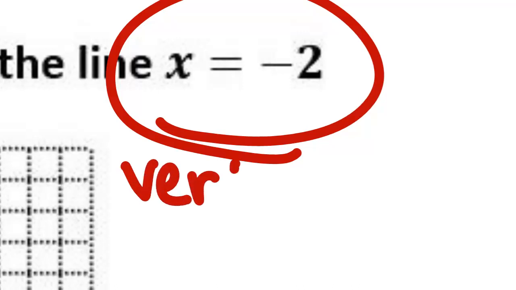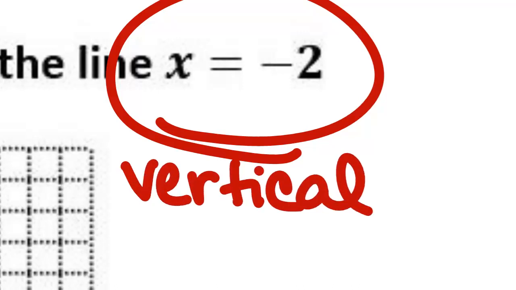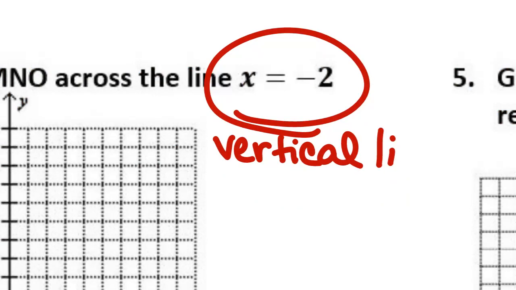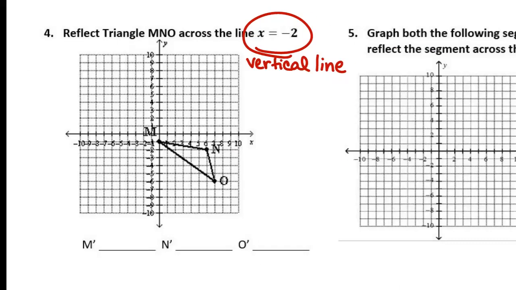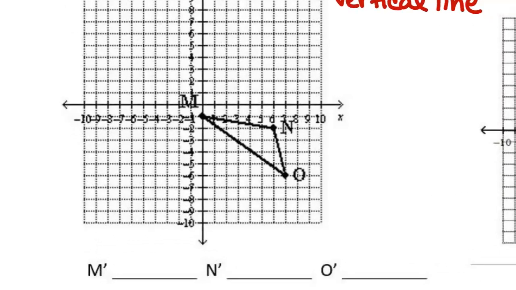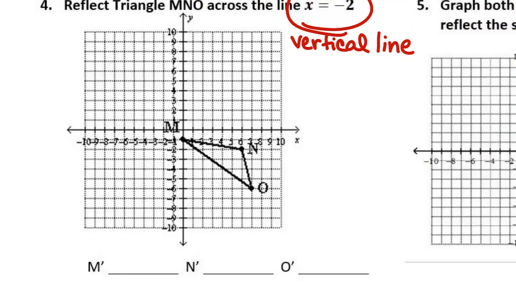That means this will be a vertical line. So -2 on the x-axis. We are going to reflect over this line right here.